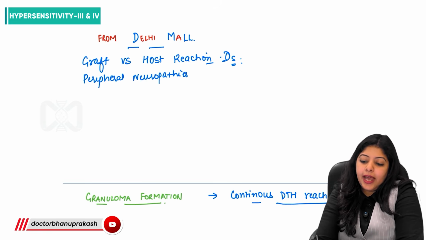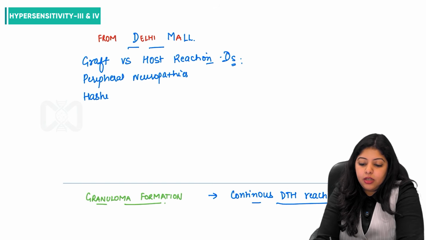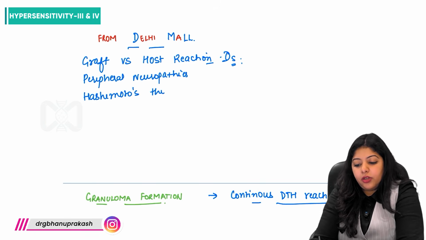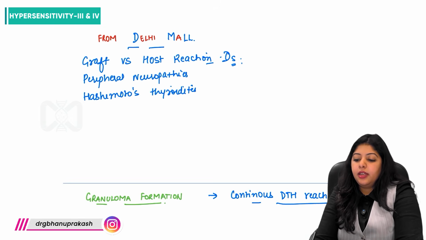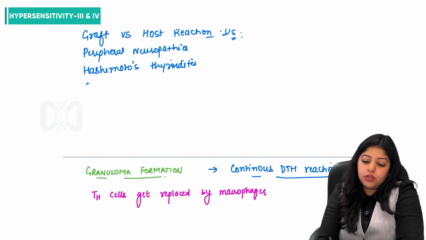Then H, hash, stands for Hashimoto's thyroiditis. Right? Then C stands for Crohn's disease.